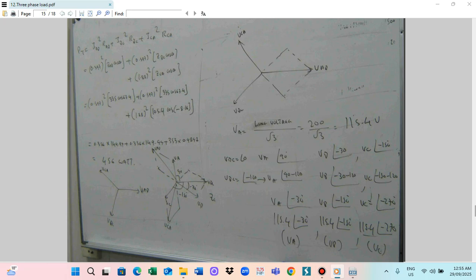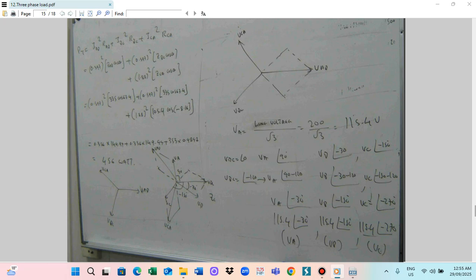Then the IAB we already calculated. IAB is 0.597 squared. RAB you can calculate as ZAB cos theta. And the IBC you also already know, 0.597 squared, and this is ZBC cos theta, plus the ICA.